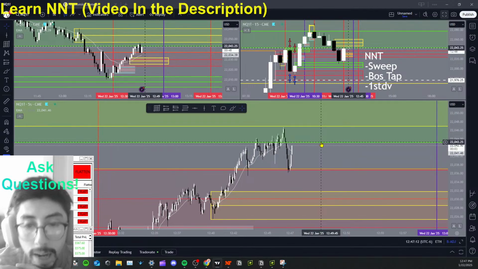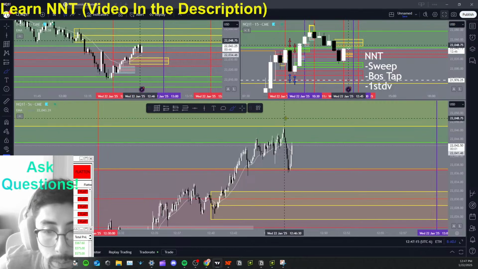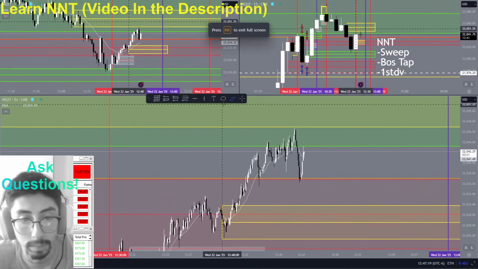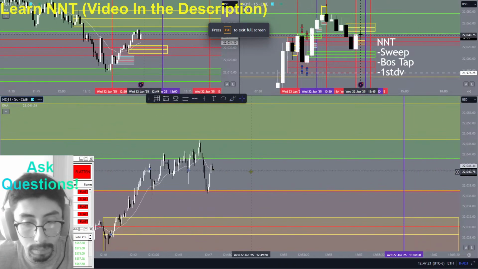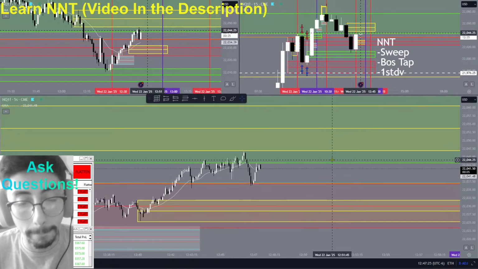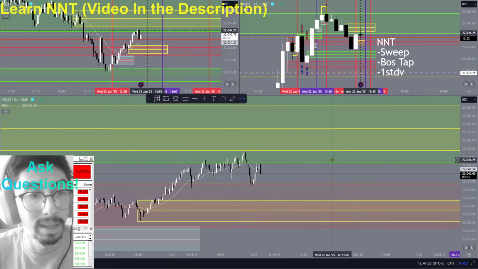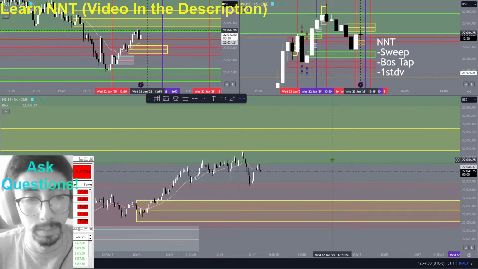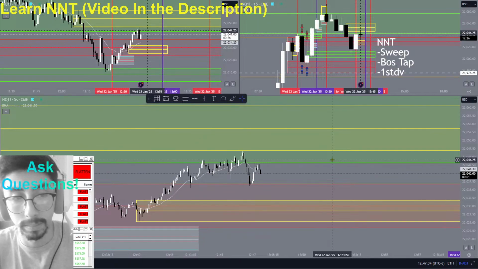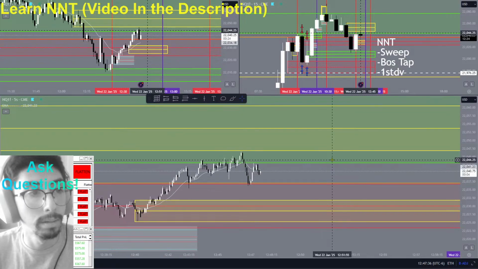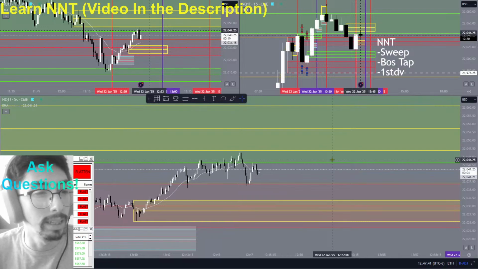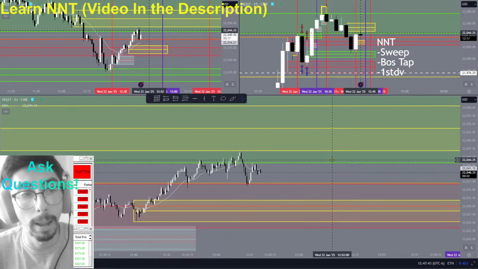So we tapped the yellow zone super perfectly. That was predictable. The yellow zone is a clean 1 minute zone, but it doesn't have a tap.